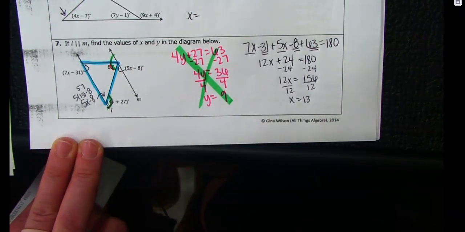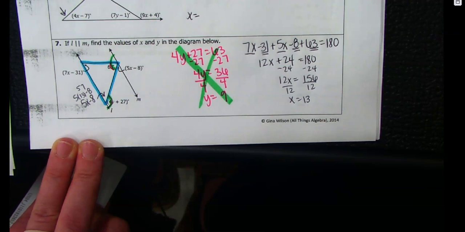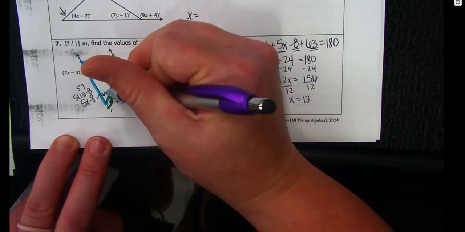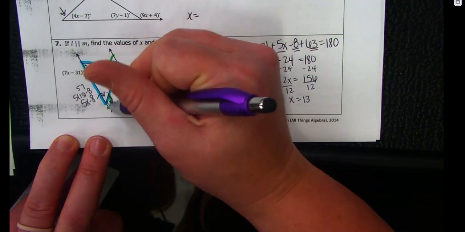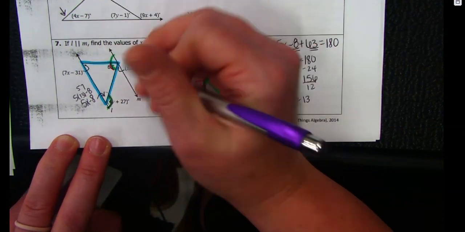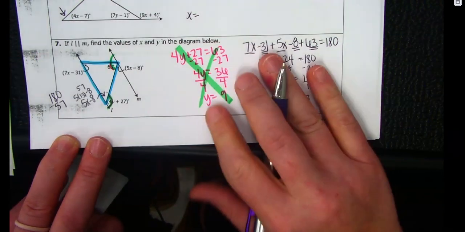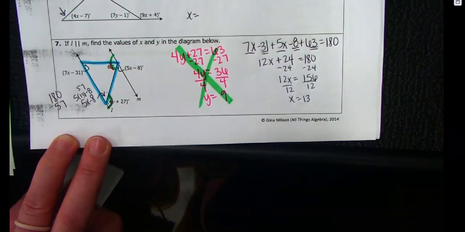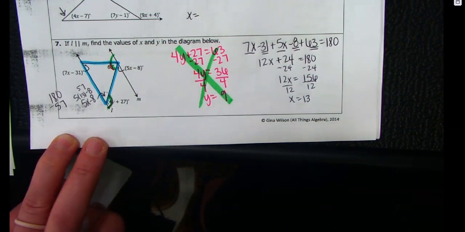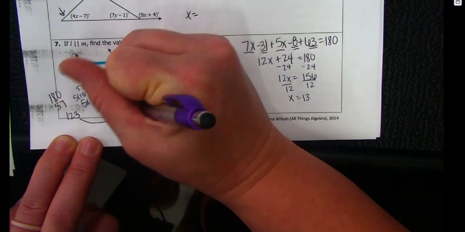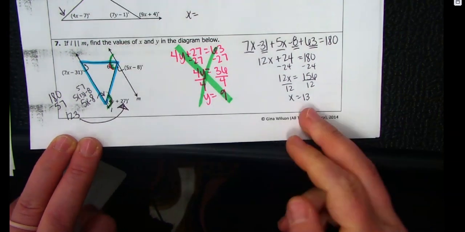Did I type that in right? 5 times 13 minus 8 is 57. So this angle here is going to have to add to be 180. So I'm going to take that away from 180. 180 minus 57 is 123. So this angle here has to equal 123.